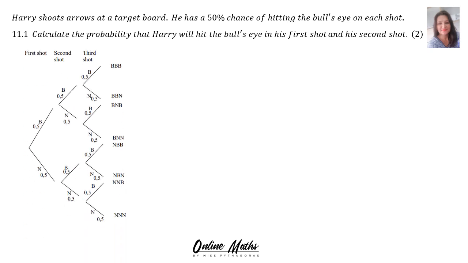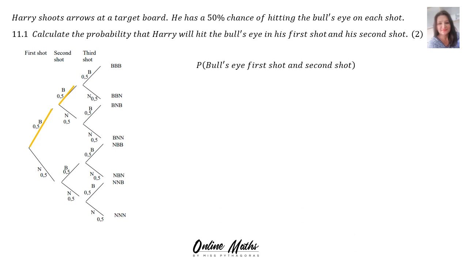So the first thing you need is your tree diagram, and there you can see I expanded your tree diagram for you. In the first shot, it's the 0.5 for the bull's eye and not 0.5, and then expand it further. So we are looking at in his first shot a 50% chance and in his second shot a 50% chance.